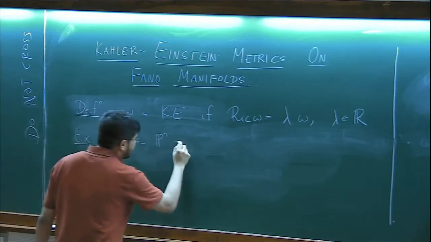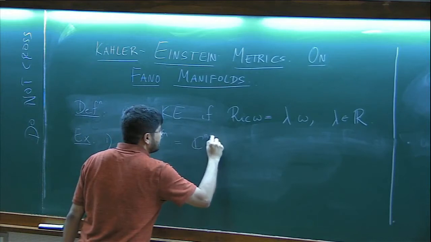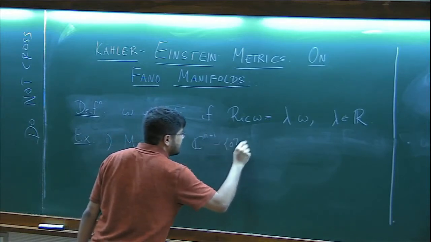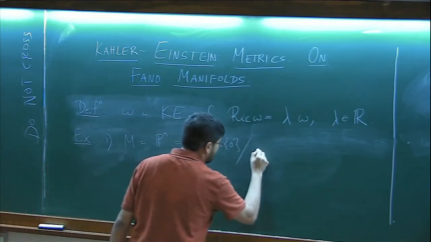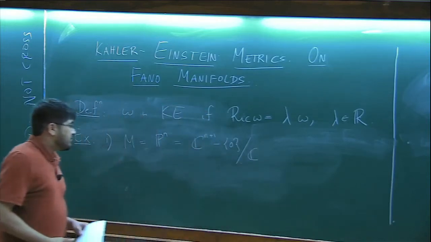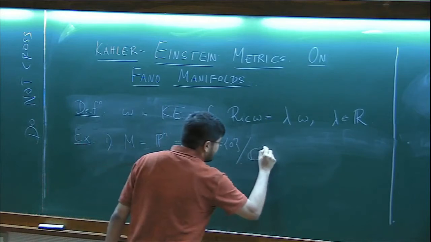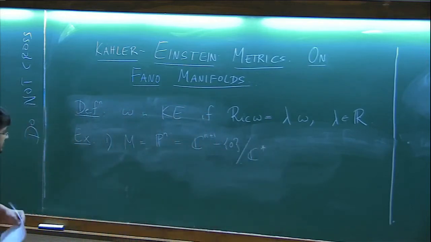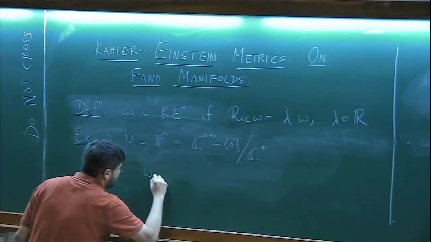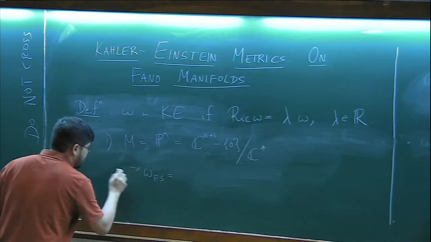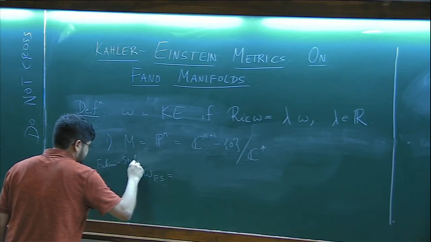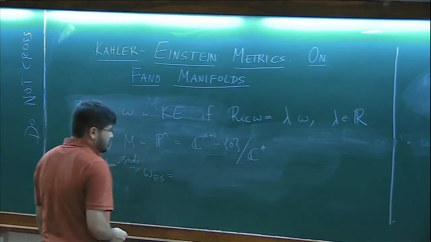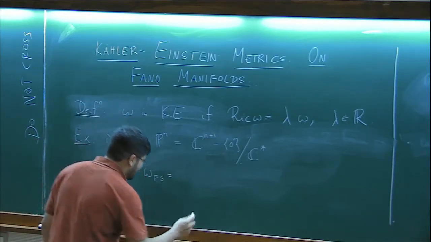So this is basically the set of all lines in C^(n+1), so modded out by C star. Okay, and then you define the so-called Fubini-Study metric. So let me see if I remember this.